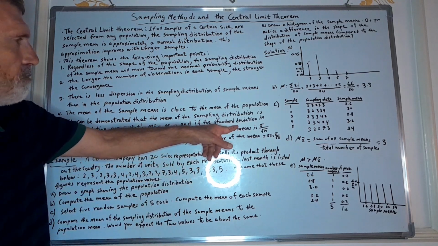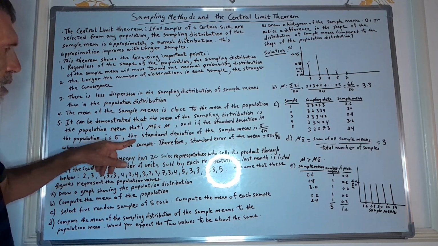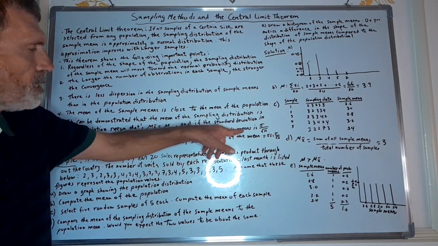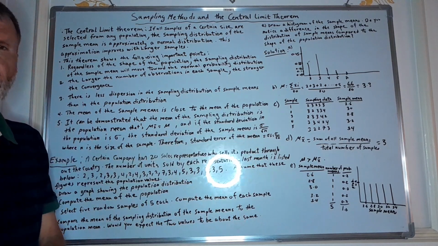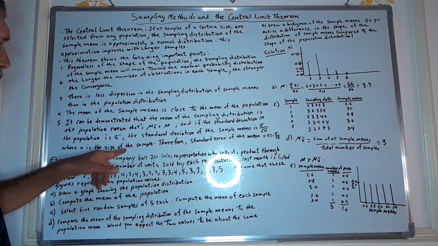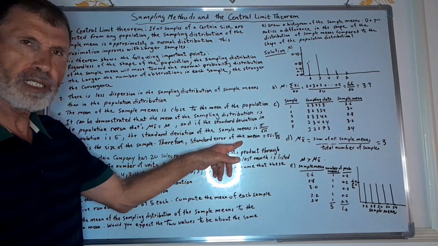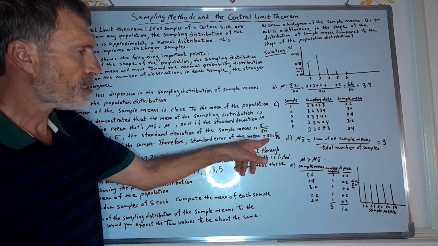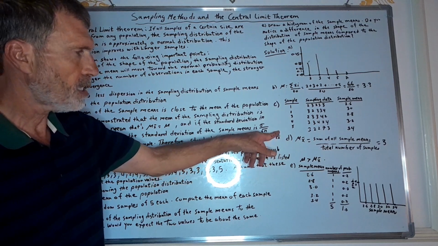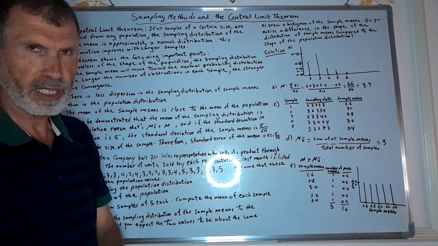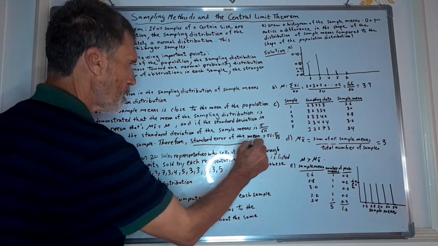And if the standard deviation in the population is sigma, the standard deviation of the sample means is sigma over radical n, where n is the size of the sample. Therefore, the standard error of the mean, sigma of x bar, is equal to sigma over radical n.